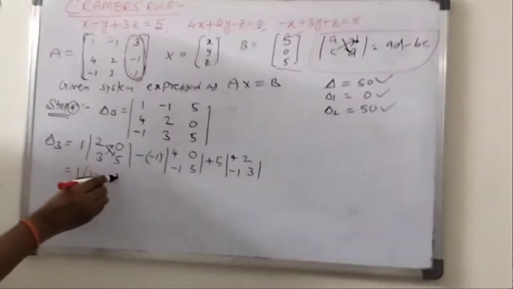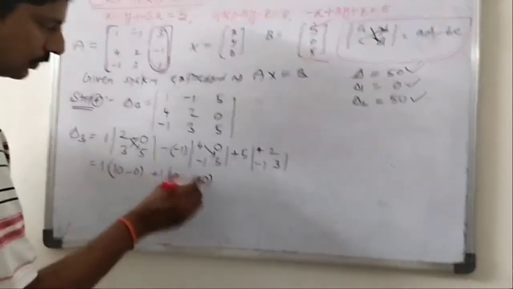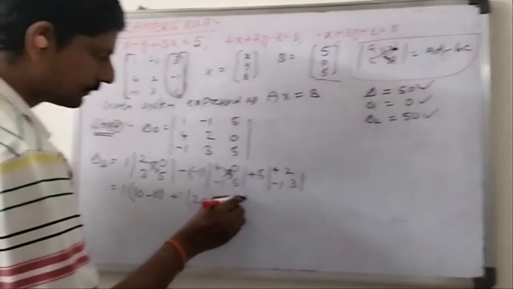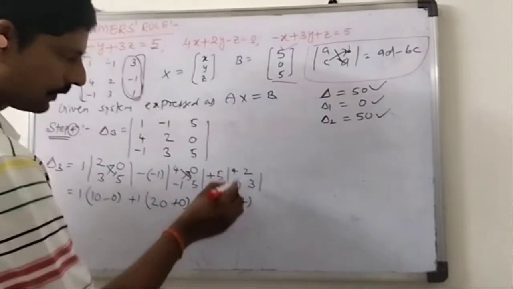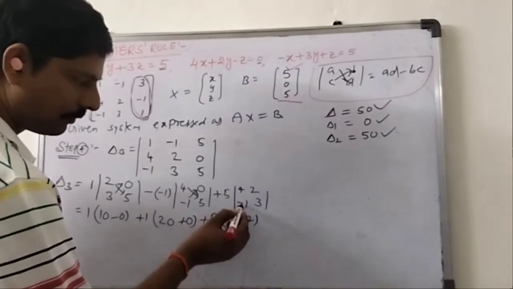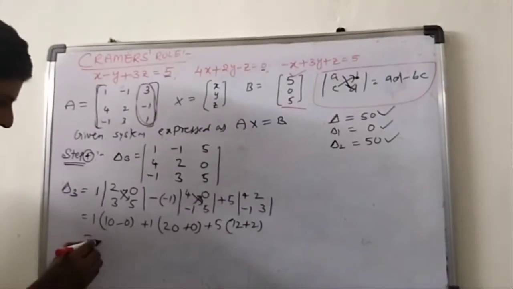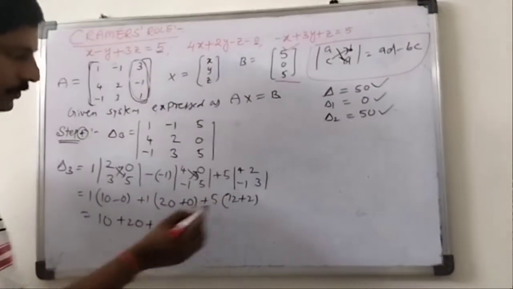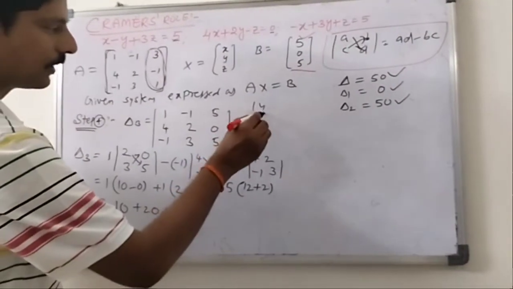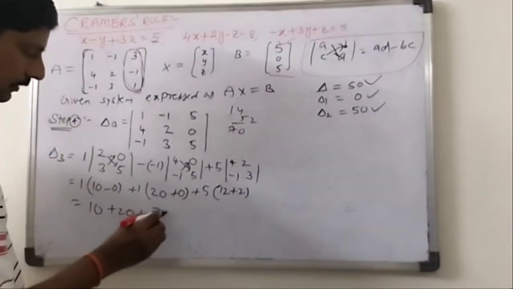Now 1 of 2 5s are 10, 3 zeros are 0. Minus into minus is plus 1, 4 5s are 20. Minus into minus is plus, 0 into 1 is 0. Plus 5 of 4 3s are 12, minus into minus plus 2, so 12 plus 2 is 14. 10 ones are 10, 20 ones are 20, and 5 14s are 70.